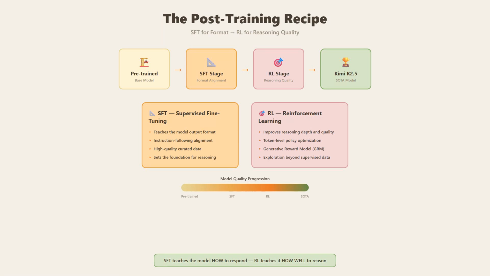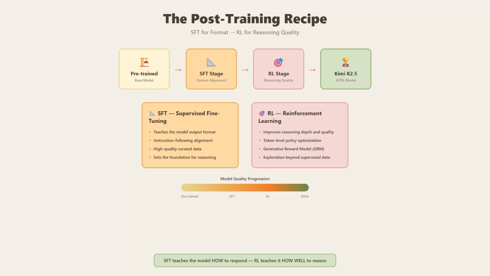But here's the critical insight. SFT alone only gets you so far. It teaches format, but not deep reasoning. That's where the second stage comes in, reinforcement learning. RL takes over and pushes the model's reasoning quality to a much higher level. During RL, the model explores solutions beyond what's in the training data, gets rewarded for good reasoning, and learns to think more deeply.